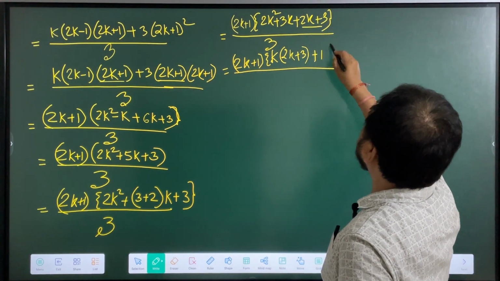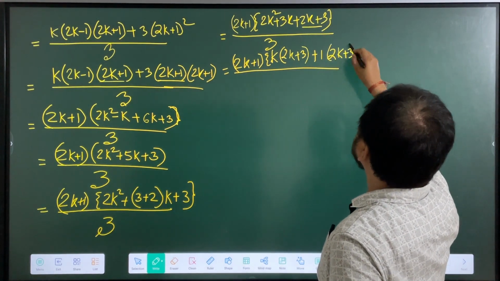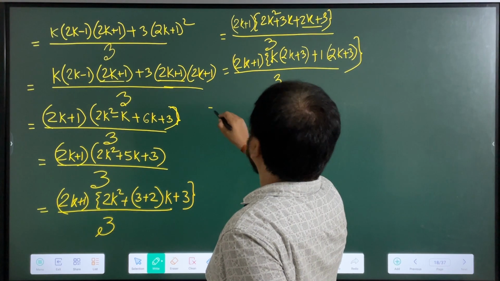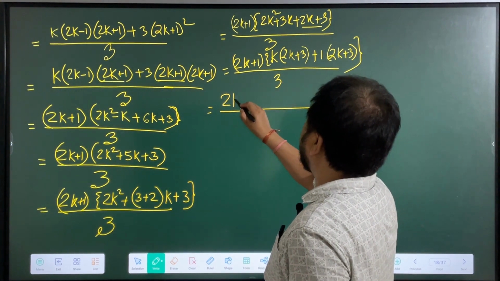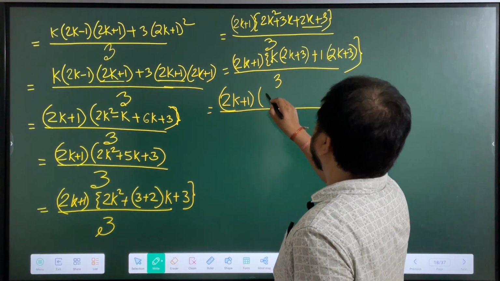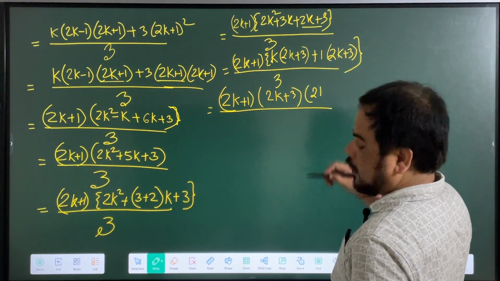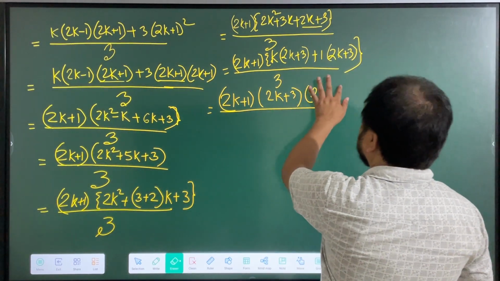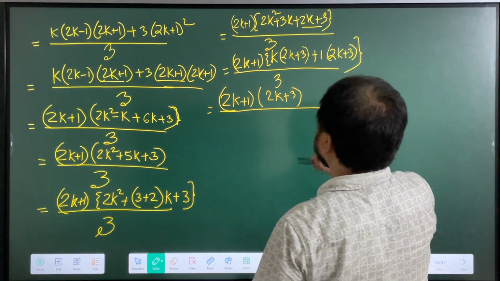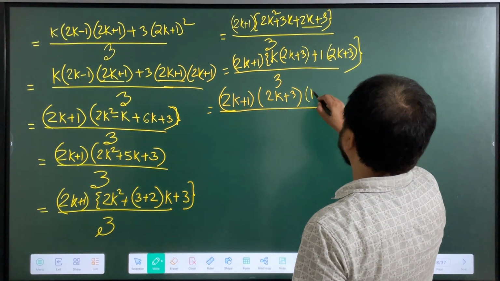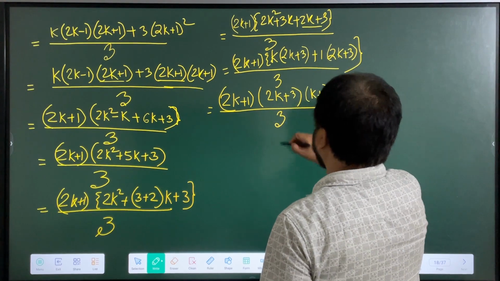Here we can take one common, 2k plus 3 by 3. Now 2k plus 1, 2k plus 3, only k plus 1. Only k plus 1 is k plus 1. k plus 1 by 3.